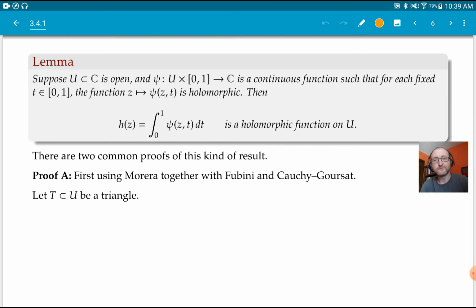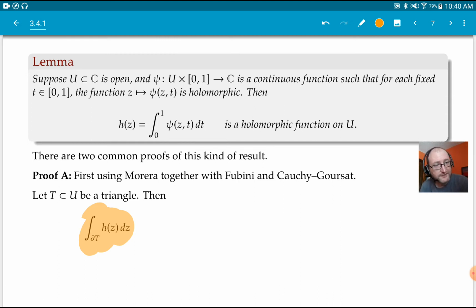All right, so take T to be a triangle, and again, this means that the entire solid triangle is in U, including the boundary and the inside, everything is in U. Then let's integrate H(z) around the boundary of this triangle.